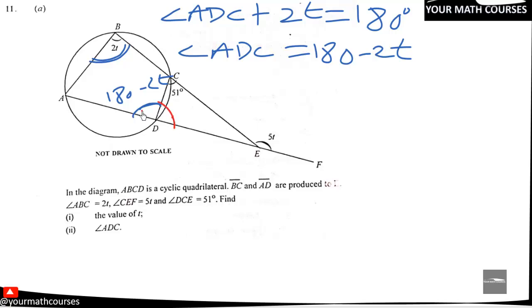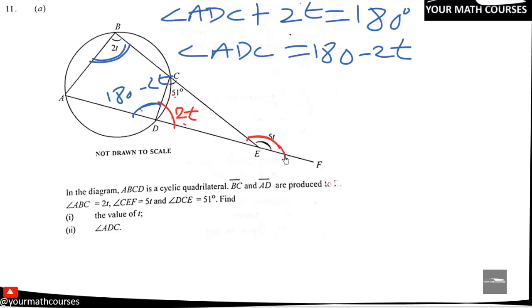When we add this and this, we should get 180. So this is supposed to be 2T, and this is 51. When we add 2T and 51, we should get the exterior angle here.